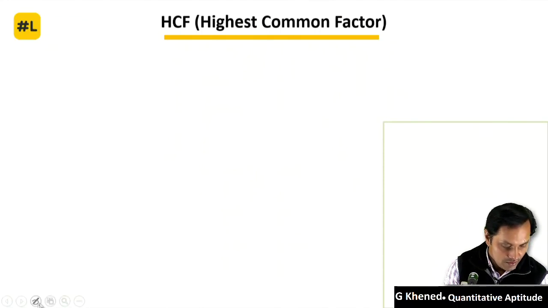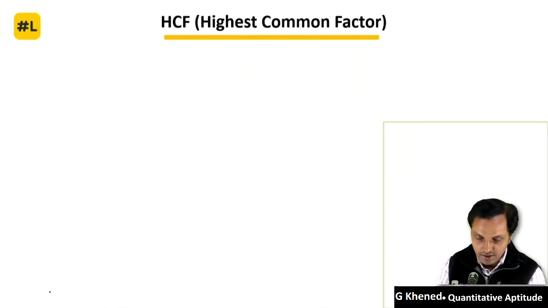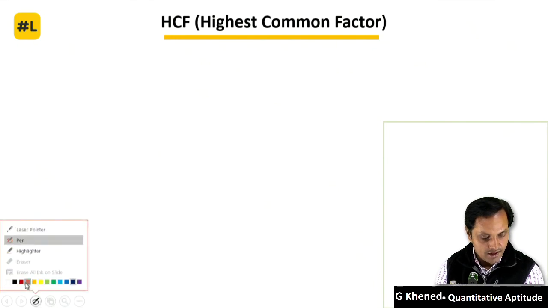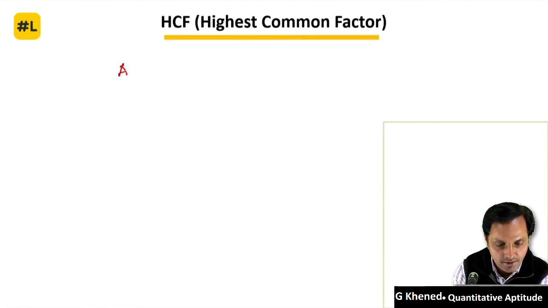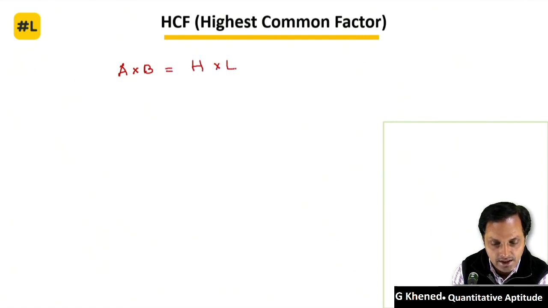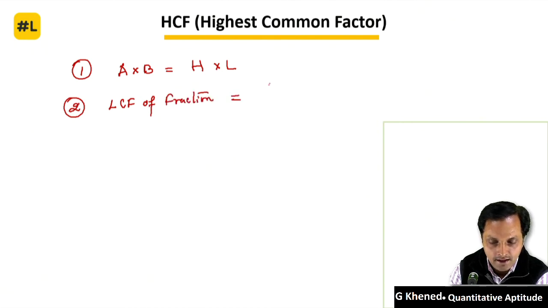Then also you should make a note of simple rule. The first rule regarding an HCF and LCM is if A and B are the two numbers, A into B will be equal to HCF into LCM. This is the first important rule. The second important rule is HCF of fraction, HCF of numerator by LCM of denominator.